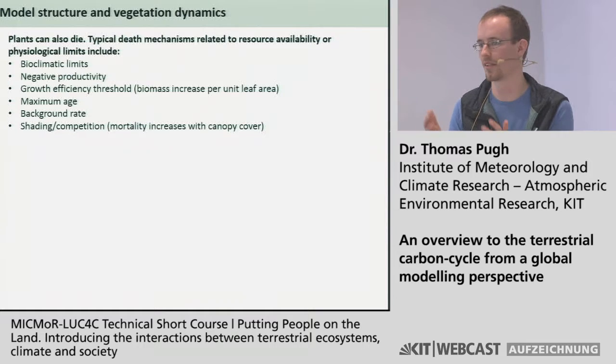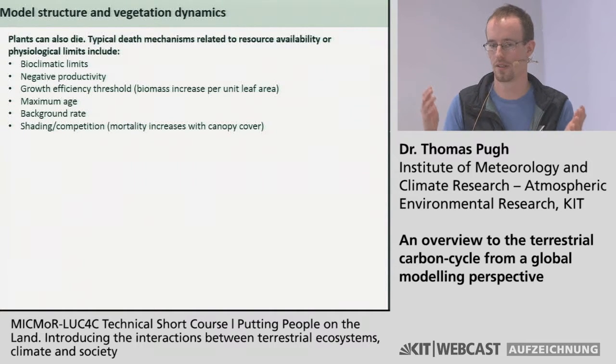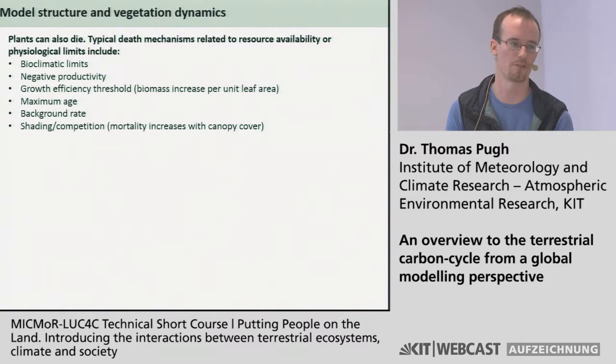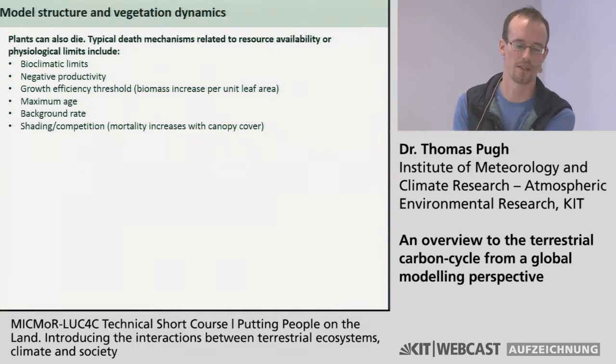We say that this particular plant type can only survive between a temperature of 10 and 30 degrees, and if not, then it dies if the temperature stays outside that for a long period of time. Or if the plant can't maintain a positive net primary production for a set period of time, then it dies. Similarly, growth efficiency, this is a minimum amount of biomass increase per unit leaf area. And then there's the simpler things such as a maximum age that a plant can live to, or a set background rate after which plants die.